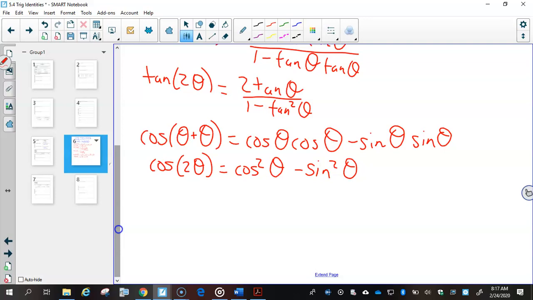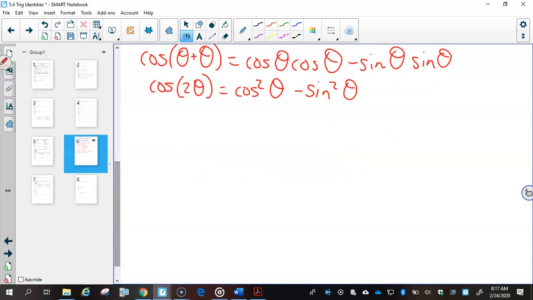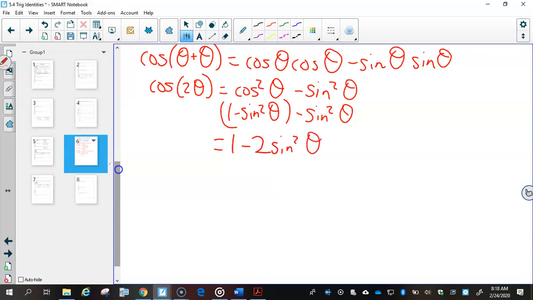So this is your double angle. When it's adding, that's your Pythagorean. But I can use your Pythagorean to change this, if you wanted to. I mean, you don't need to. I know cosine squared is 1 minus sine squared. So I can say another formula is 1 minus 2 sine squared theta.